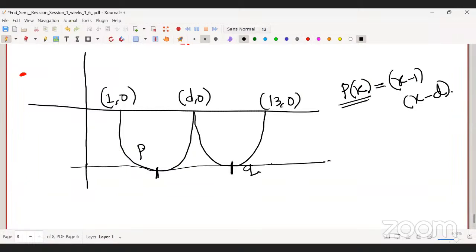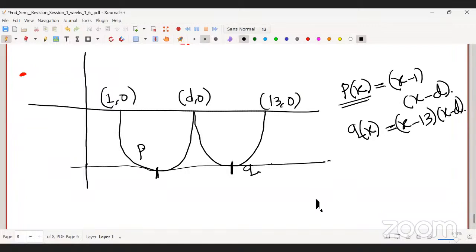Then the equation of Q of x is x minus d times x minus 13, and the leading coefficient is 1.